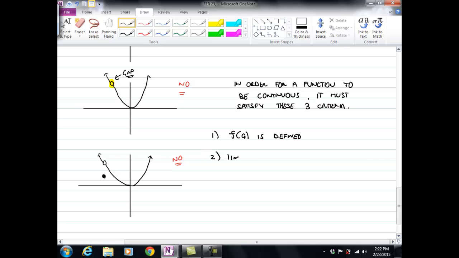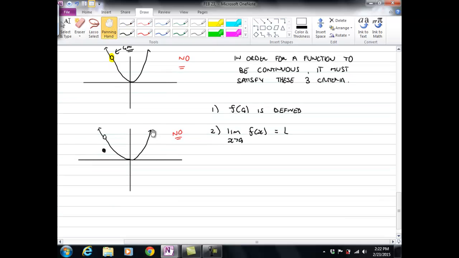The limit as x approaches a of f(x) equals L. So there's actually a limit. 3. The limit as x approaches a of f(x) equals f(a).